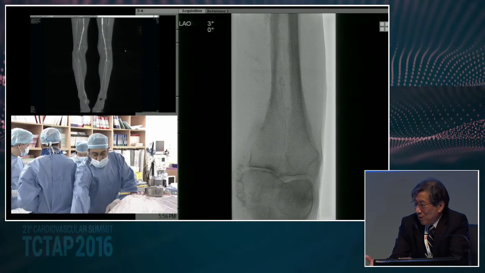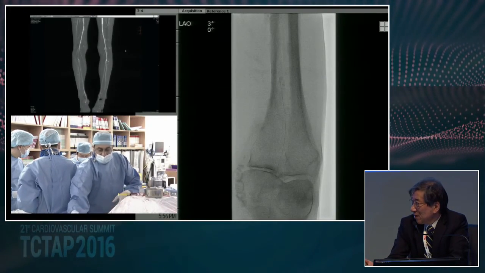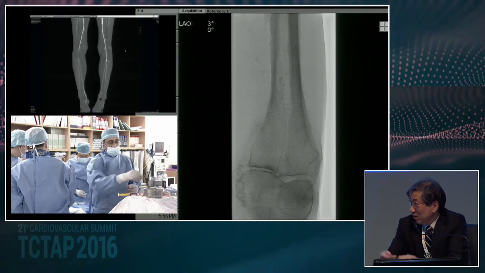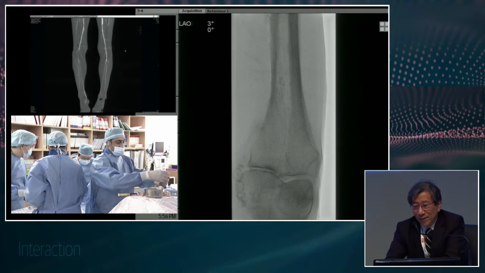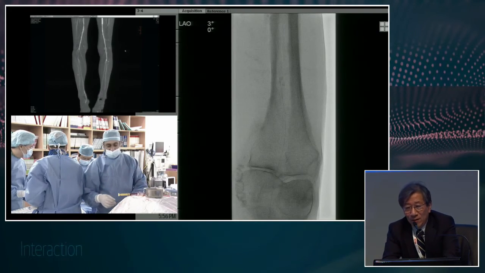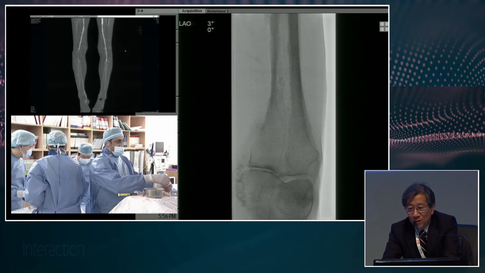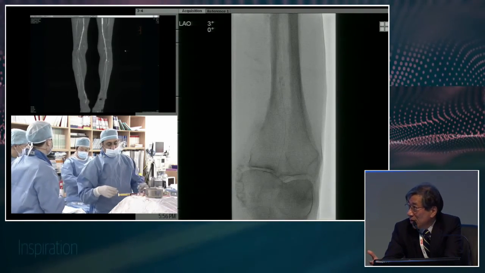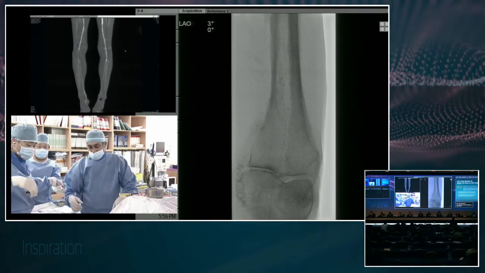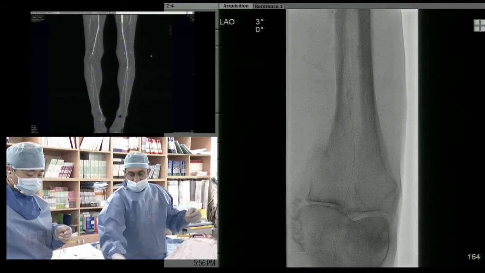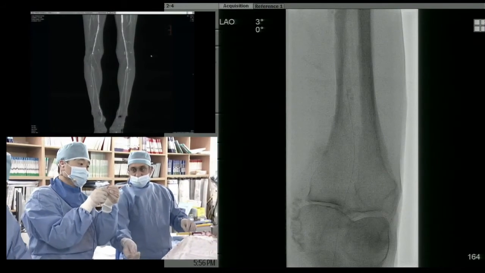So I prefer the OTWs, and it wastes time each time we have to remove the balloons. I don't know why many physicians prefer the mono, but I like OTWs. Just for support, you mean? That's a good point. It can minimize the number of steps.